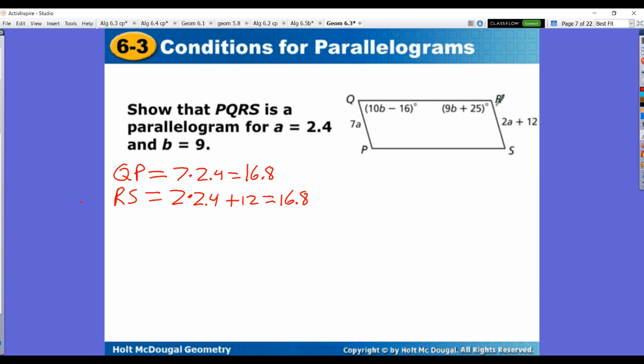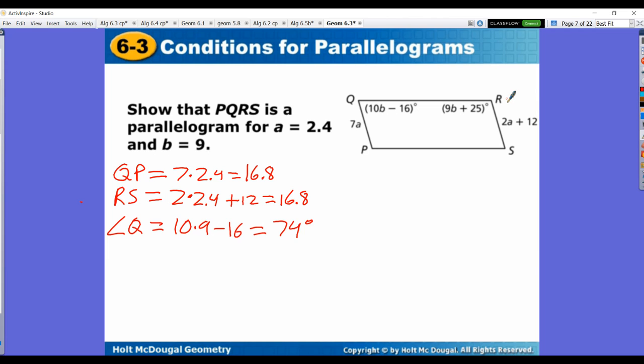Next we have some angles. We have angle Q and angle R, so let's calculate what those are so we can decide what is happening. Angle Q is 10 times B minus 16. We're using 9 for B, so 10 times 9 minus 16. Work the math on that, and you end up with 64 degrees.